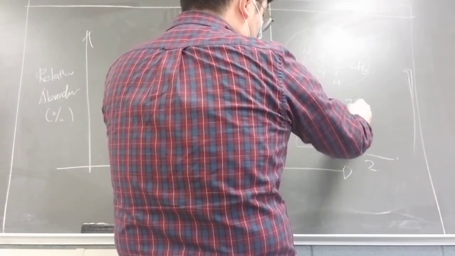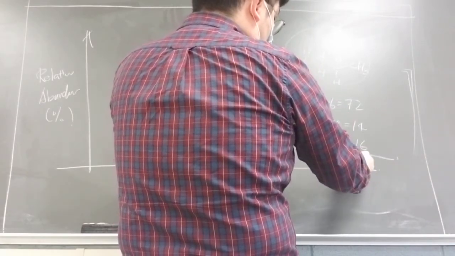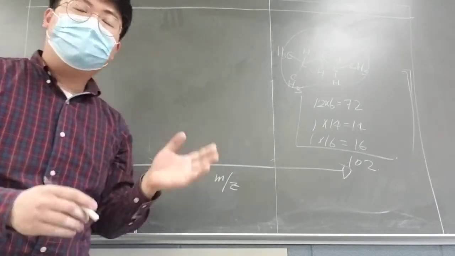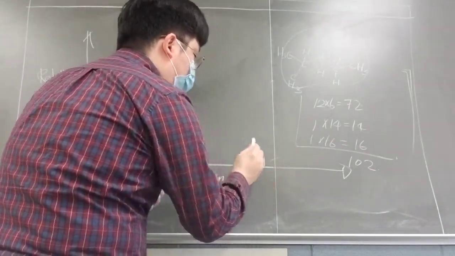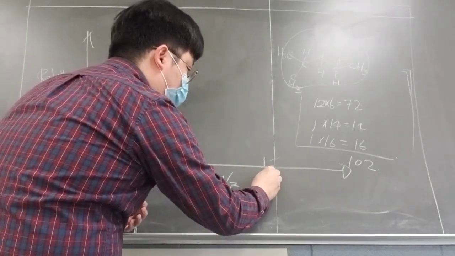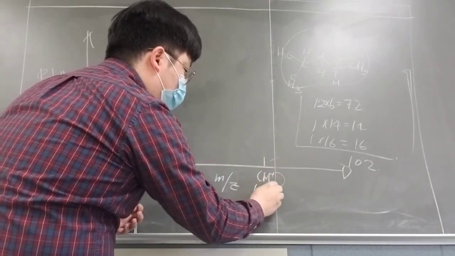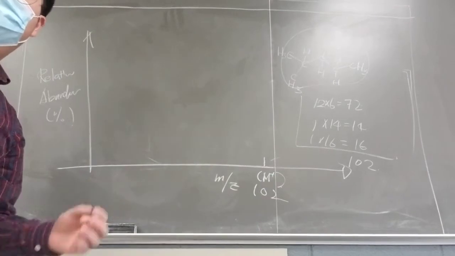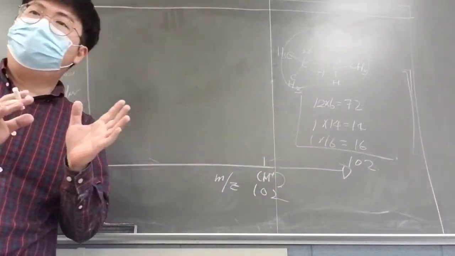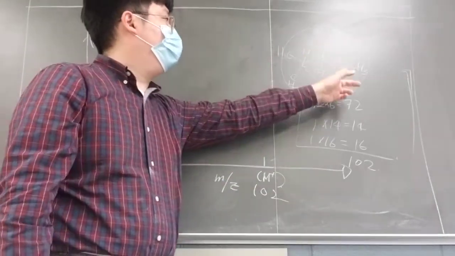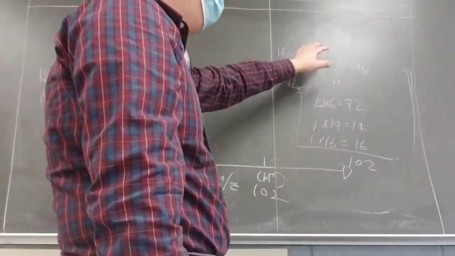So in total, you're going to get 102. So you may see maybe a small peak of the molecular ion peak here, or very small, okay? Because like I said, those are the ones that will break quite easily, especially the single bond with the hydroxyl group.